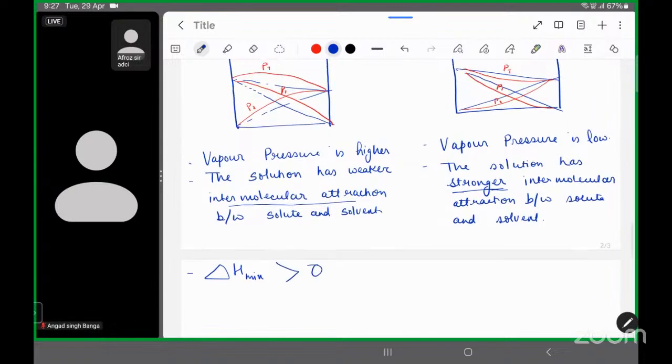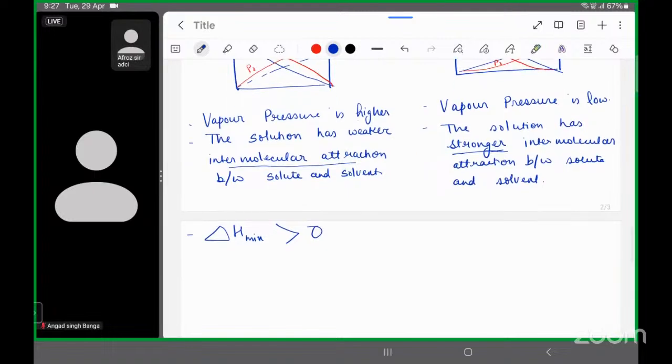It means the energy required to break the bonds is higher than the energy released in forming the solute-solvent interaction.